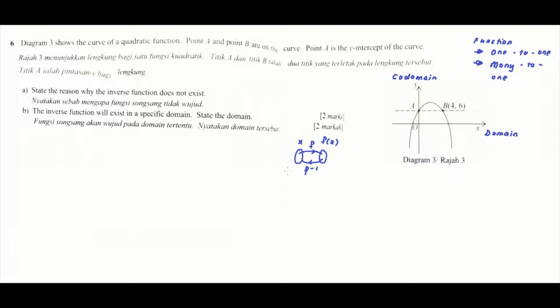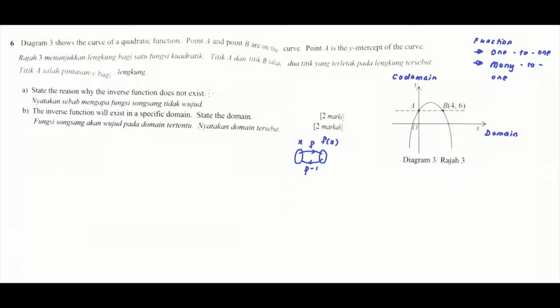If I have a one-to-one function, then my reverse function is going to be one-to-one as well. But if I have a many to one function, which is a function, then when I do the inverse, it becomes a one to many, and one to many is not a function.